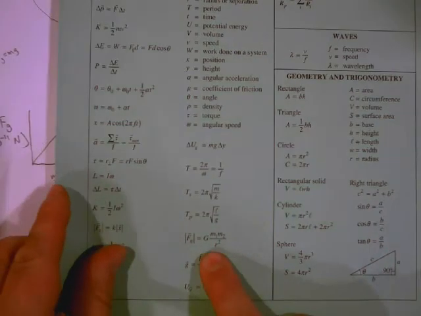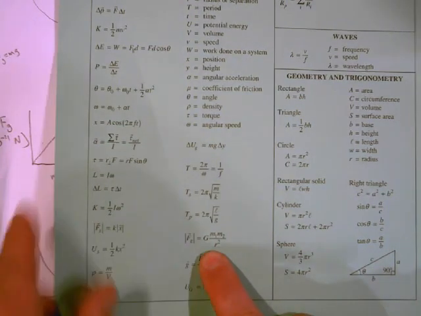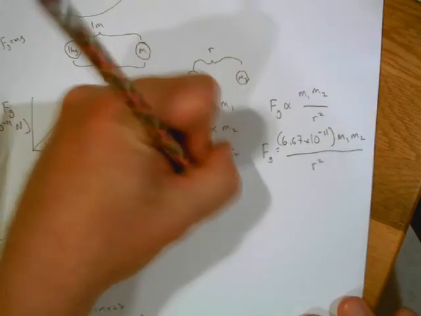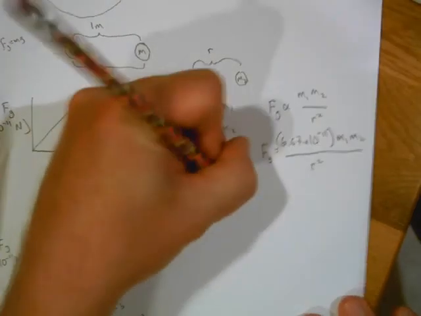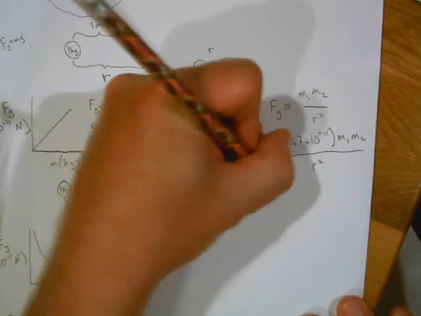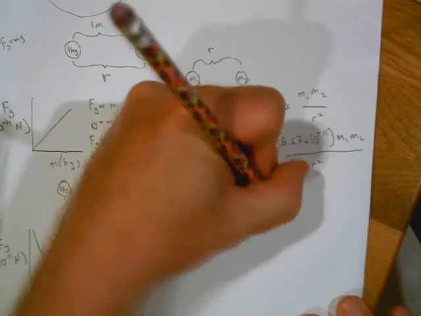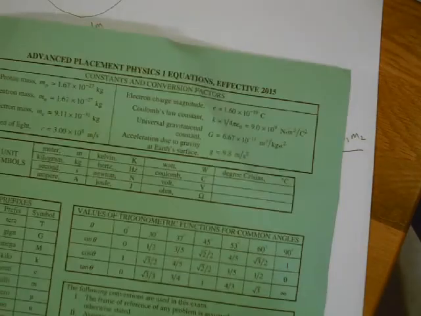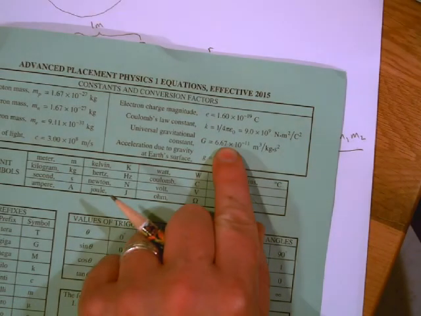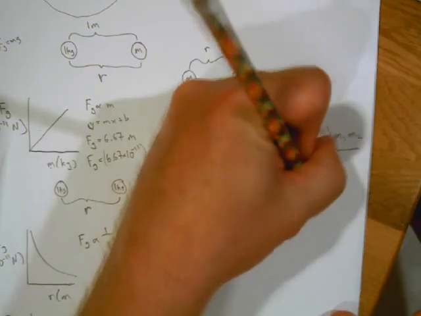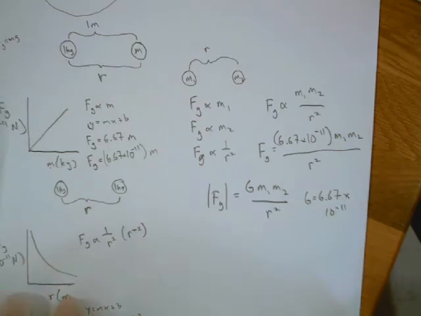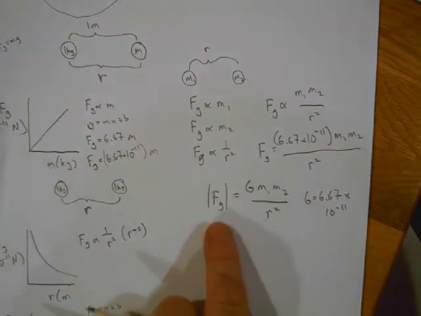If you look on your formula sheet, you will see Fg is equal to G m1 m2 over r squared, where G is the gravitational constant, 6.67 times 10 to the minus 11th.